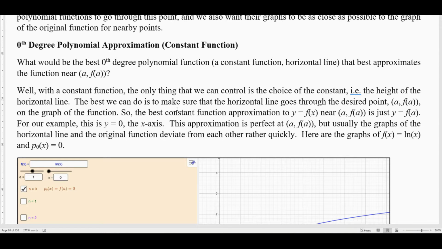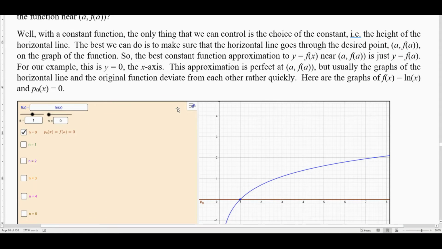Well, with a constant function, the only thing that we can control is the choice of the constant, in other words, the height of the horizontal line, the y value, and the best we can do is make it be the same as the height of our point that we want. So the n equals 0 polynomial, p sub 0 of x, is just going to be f of a, which in this case is just 0. There's the axis there.